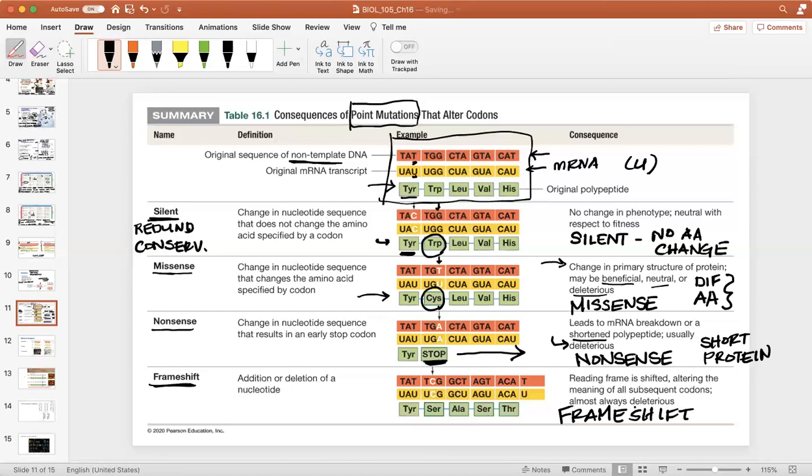Frame shift mutations happen when you're not substituting one base for another, you accidentally add one in.